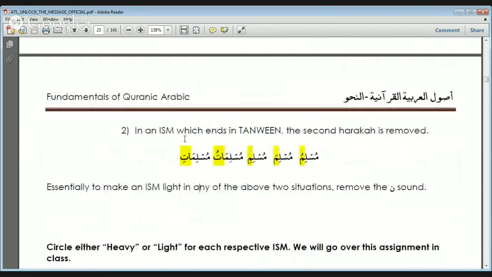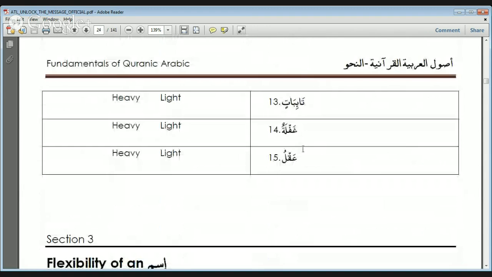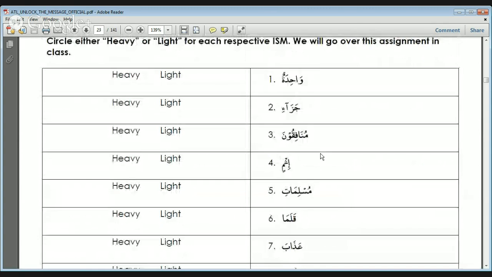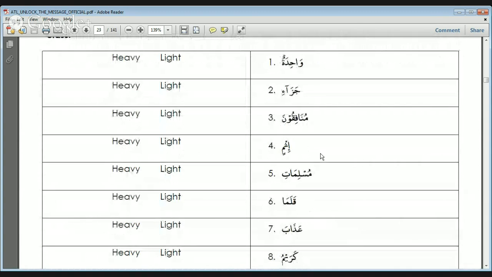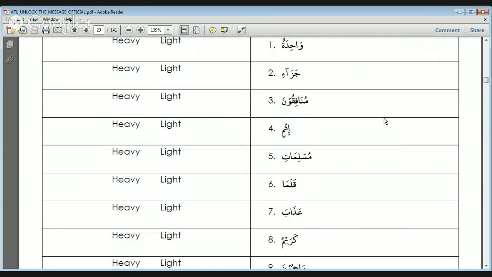Open your books to page 23. I want you to go ahead and go over all of this based on what we just did. Just circle it. Take your books out and then we'll go over it.